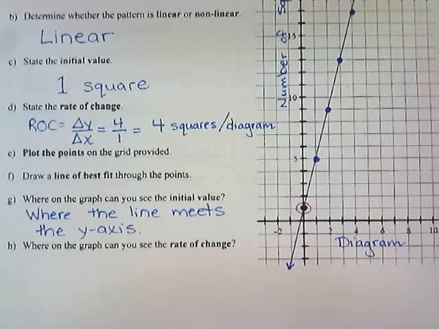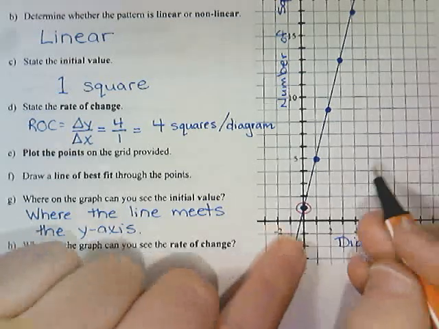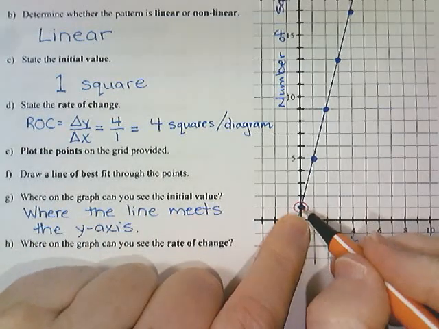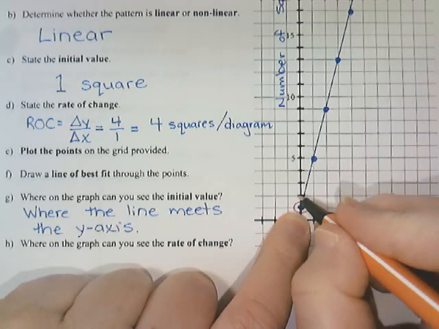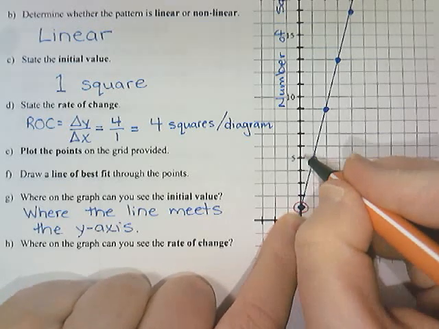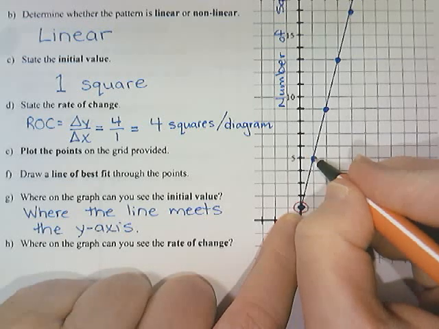All right, and then it says, where on the graph can you see the rate of change? So the rate of change looks at how much did I go up or down by to get from one point to the next. So if I started at my initial value, I noticed that to get to the next marked point, we went up 1, 2, 3, 4, and over 1.